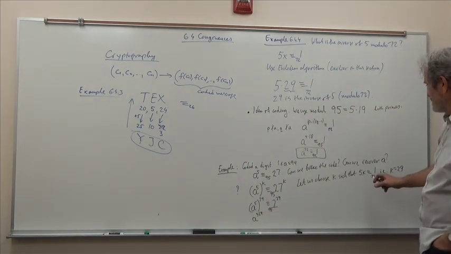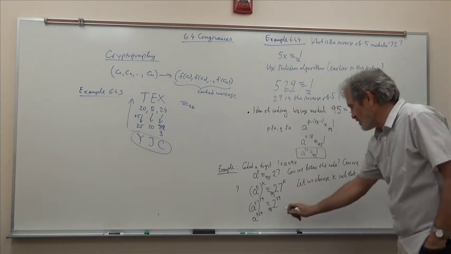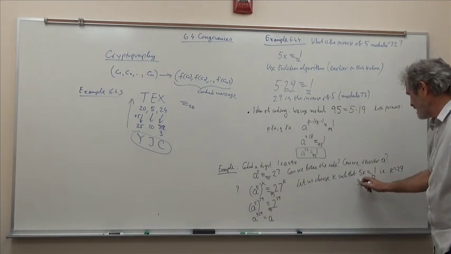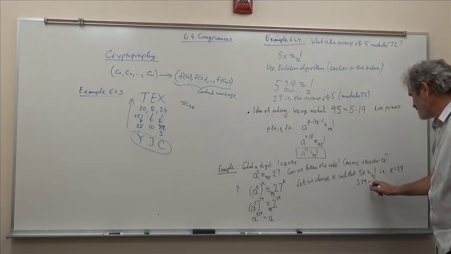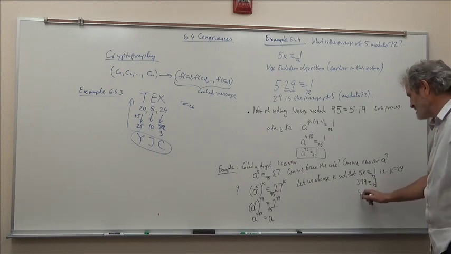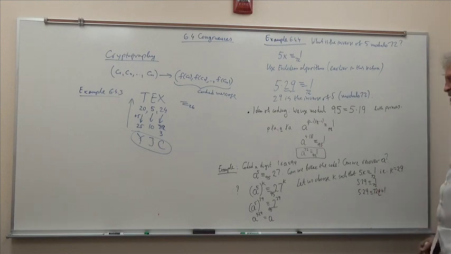But generally what? It says 5 times 29 is congruent with 1 modulo 72. That means that 5 times 29 equals 72q plus 1.